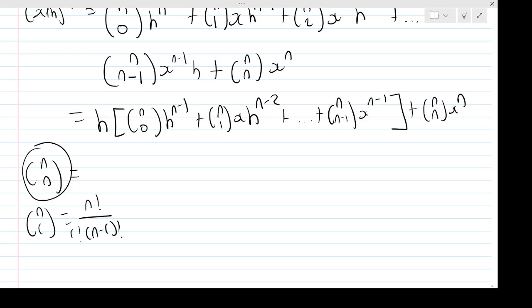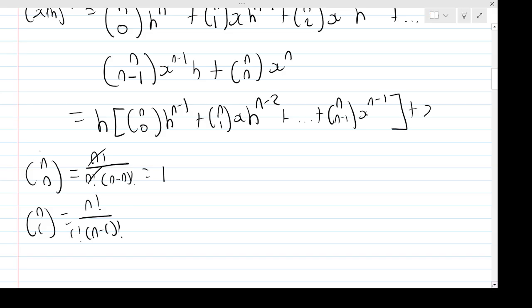In this case, when r is equal to n, we get n factorial over n factorial times (n minus n) factorial. Well, these cancel, and I'm left with 1 over 0 factorial, but 0 factorial is 1 as well. So it's just 1, okay? So we can do a final simplification, and n choose n is just 1. So overall, we just have an x to the n at the end there, okay? Cool.